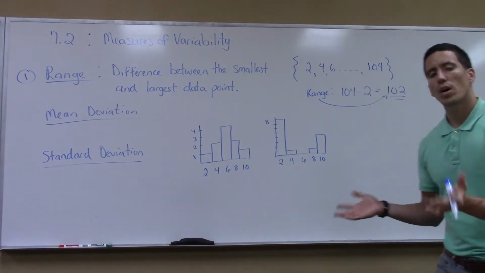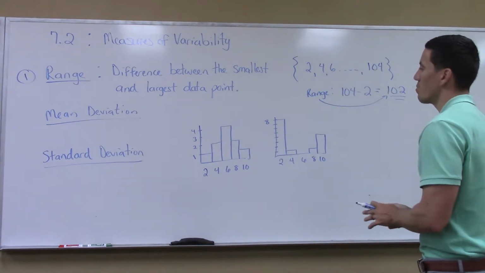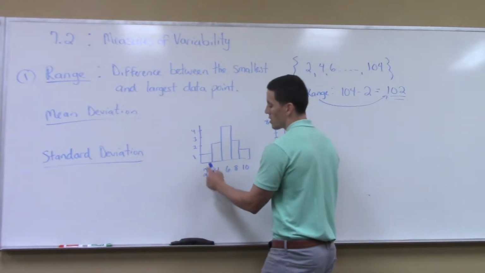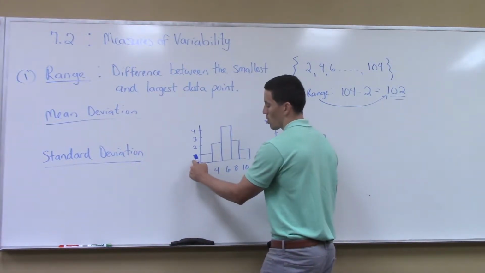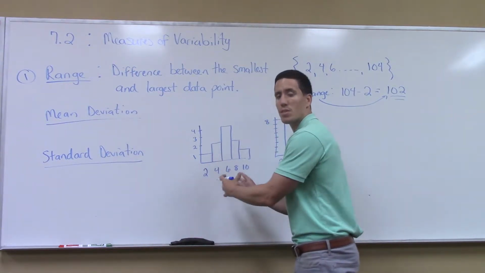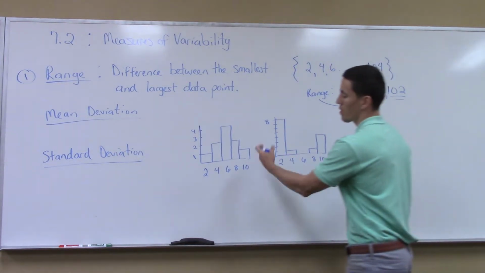So these are two histogram type graphs. Just to give you a brief background for understanding how to read these, the value 2 occurs one time. If I were to actually write out this data, it would look like this, so hopefully this will help you connect.